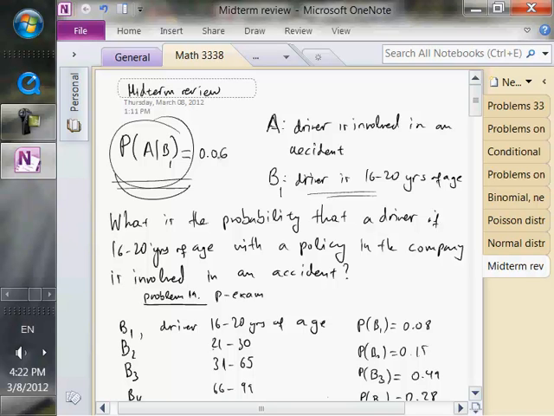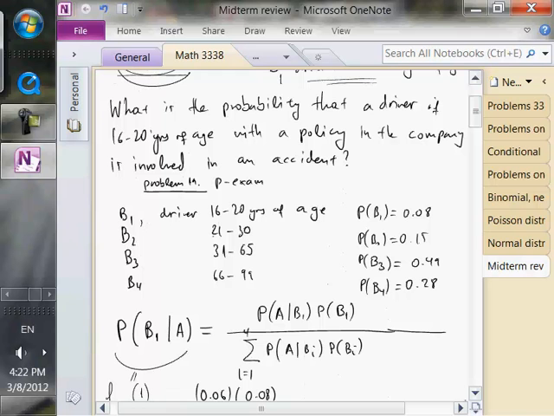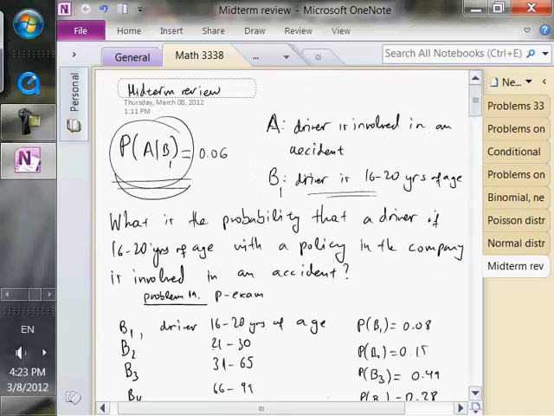So the first question was this, and the second question that the problem was asking was this. And of course, the problem was telling you, oh, the driver had an accident. So once the driver has an accident, what you're being asked is to calculate the posterior probability. The probability that I asked here is the prior probability.